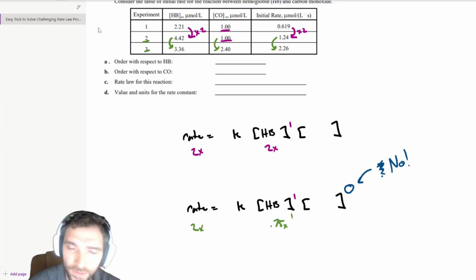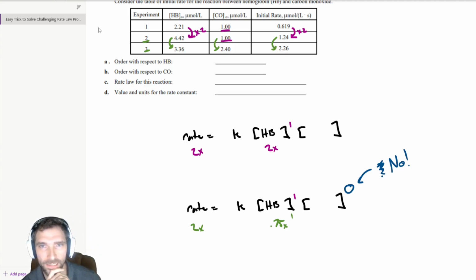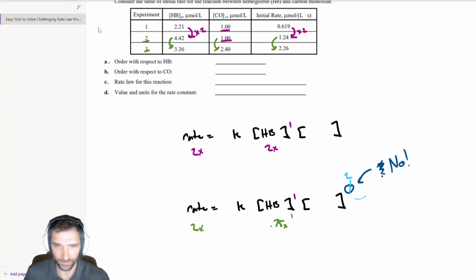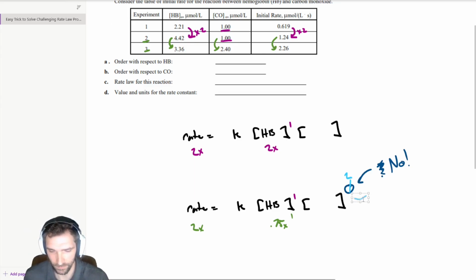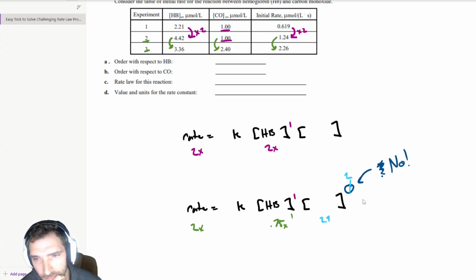So then you could ask yourself, what if I put it up to the first power, or if I put it up to the second power? Could that explain this? If we were to try doing this up to the second power, this is 2.4x, and if you square that, that's going to be a pretty big factor.